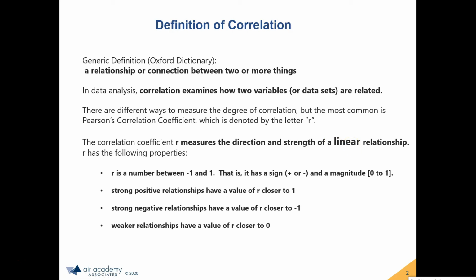First of all, it's a number between -1 and 1. It has a plus or minus sign, and its magnitude is between 0 and 1 inclusive. Strong positive relationships have R values that are close to 1. Strong negative relationships have R values that are close to -1. And the weaker relationships tend to have R values that hover around 0.